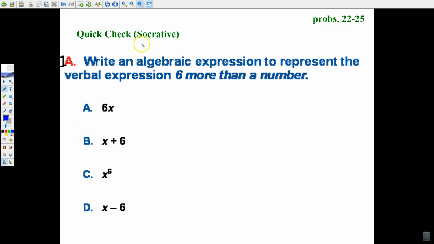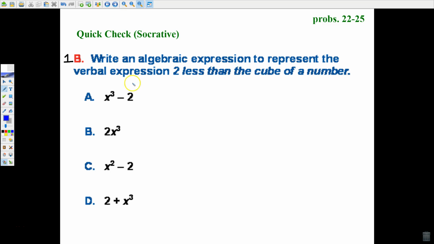I will show you how we use Socrative, but for now just mentally think about which letter you would choose, A, B, C, or D, to represent 6 more than a number. Hopefully, now that you've had a chance to look at all the options, you chose letter B. More than indicates addition, and we're adding 6 to this number identified as x.